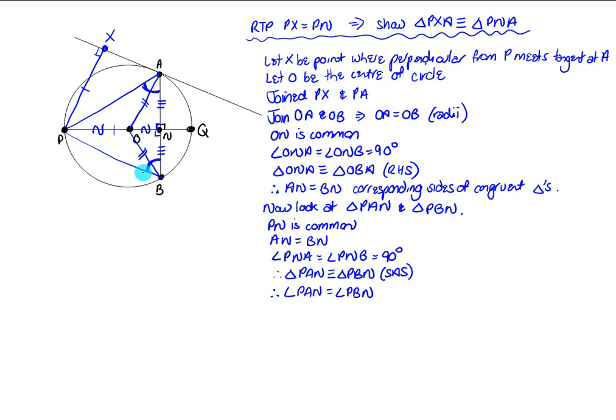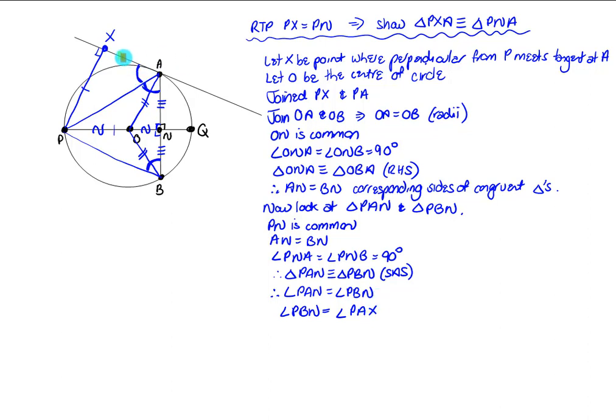Now let's go back to the triangle we want to work with, our PXA. Angle PBN, the one that we just found was equal to PAN, has to equal angle PAX. This one here.